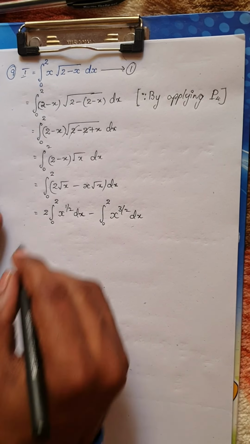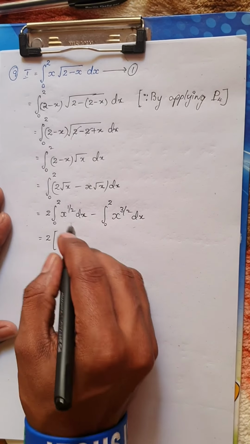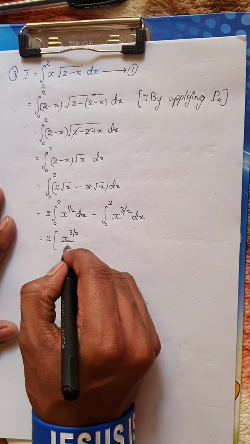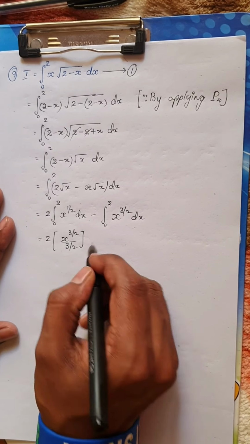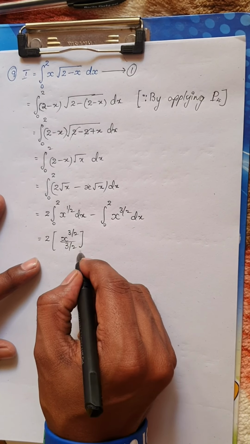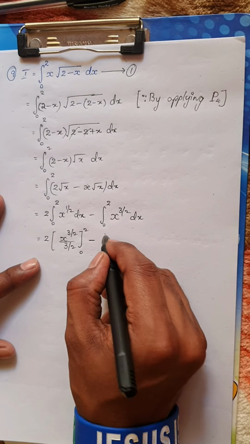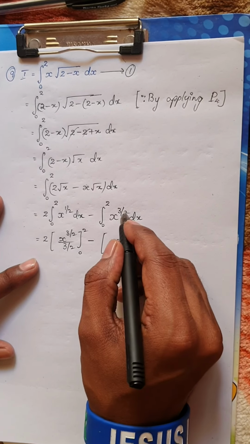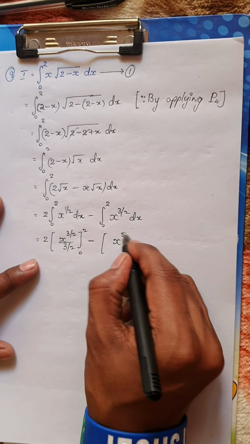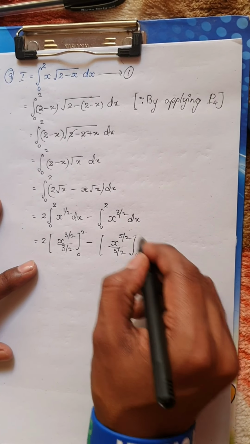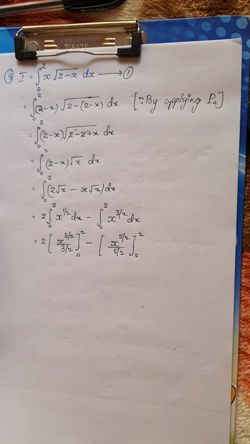So this is 2 into the integral of x power 1 by 2, which is x power 1 by 2 plus 1, that is 3 by 2, so x power 3 by 2 divided by 3 by 2 within the limits 0 to 2, minus again the integral of x power 3 by 2, which is x power 3 by 2 plus 1, so x power 5 by 2 divided by 5 by 2 within the limits 0 to 2.